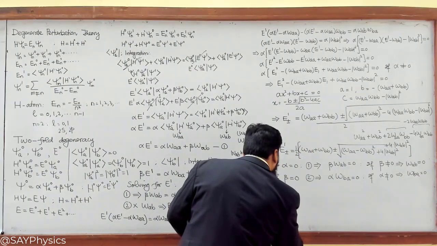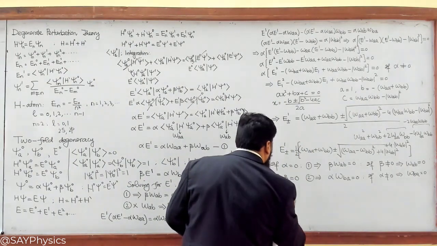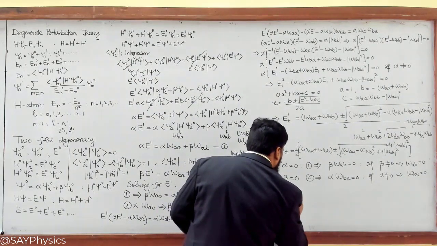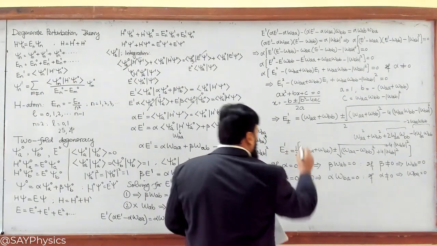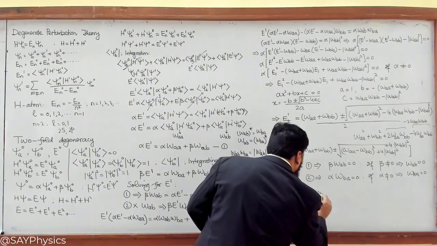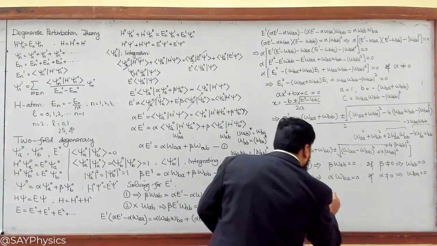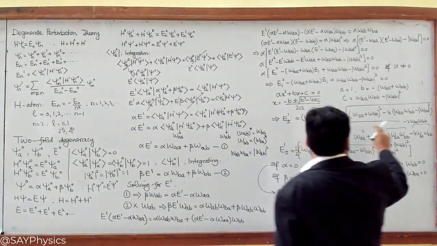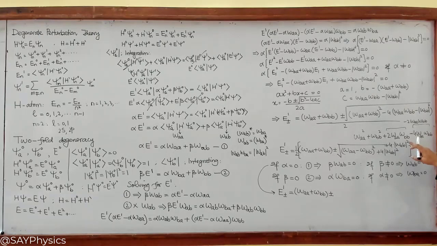E plus minus, and this is equal E1. It will be WAA plus WBB and plus minus when this value is equal to 0.